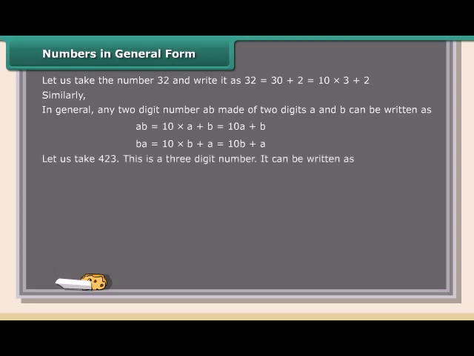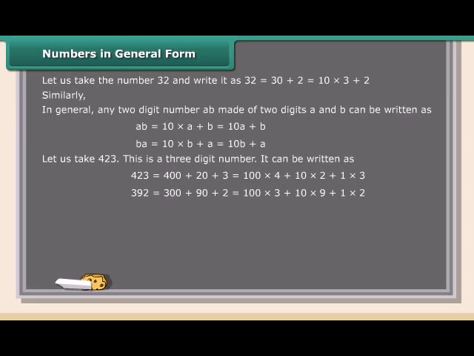Let us take 423. This is a three-digit number. It can be written as 423 = 400 + 20 + 3 = 100 × 4 + 10 × 2 + 1 × 3. 392 = 300 + 90 + 2 = 100 × 3 + 10 × 9 + 1 × 2.